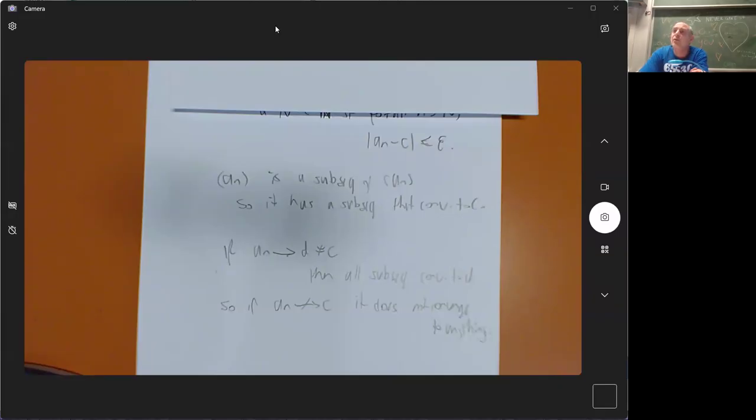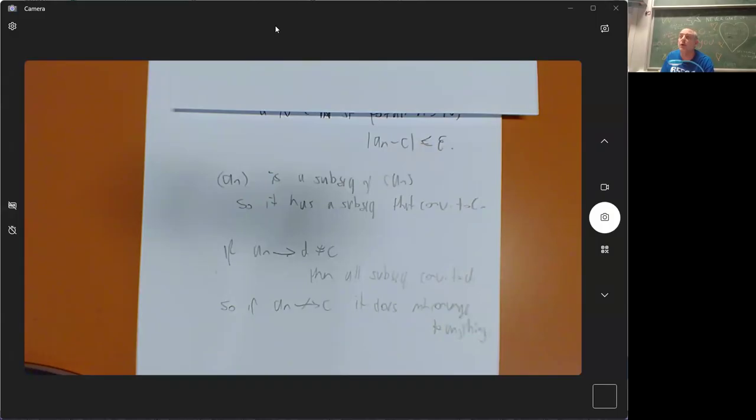Yeah, that makes sense. If it converges to anything, it has to converge to C because it has some subsequences that do converge to C. So the only way it could not converge to C is if there were sequences that had infinitely many things beyond any particular epsilon I happen to name.